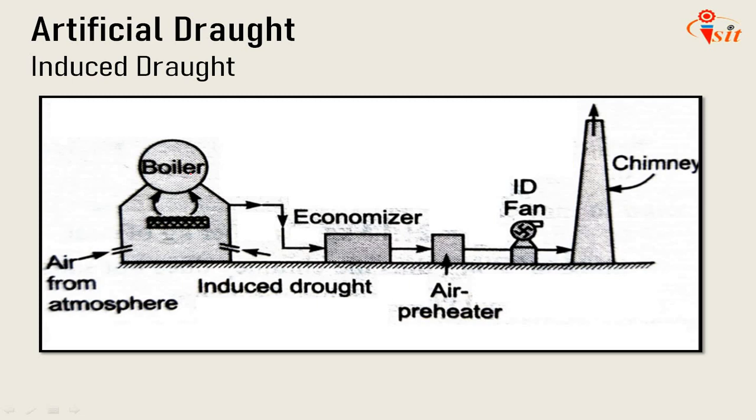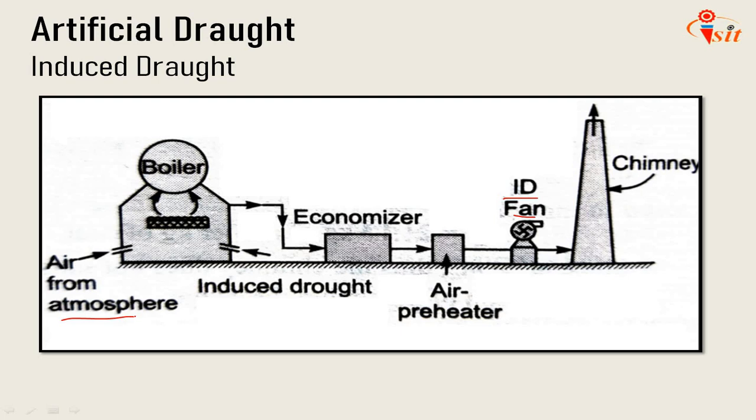So what is the change in induced draught? In this system, a fan or blower is located at or near the base of the chimney. Here the ID fan is there, near the chimney. The pressure over the fuel bed is reduced below that of atmosphere by creating a partial vacuum in the furnace and flues.